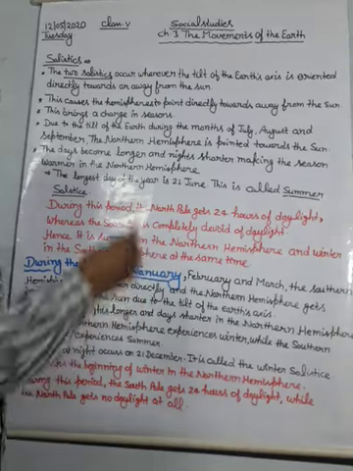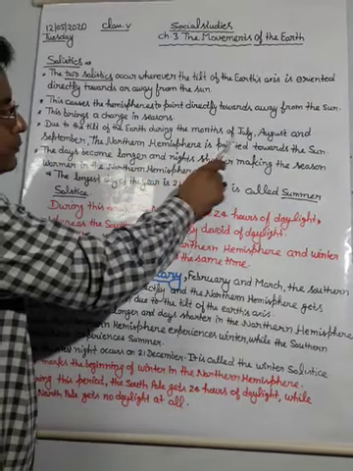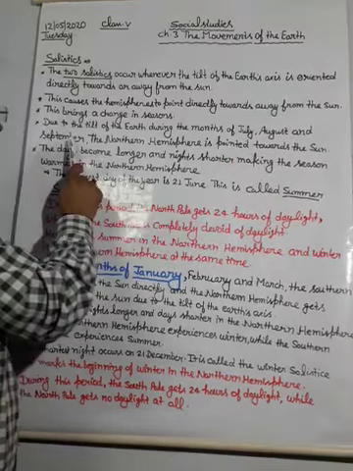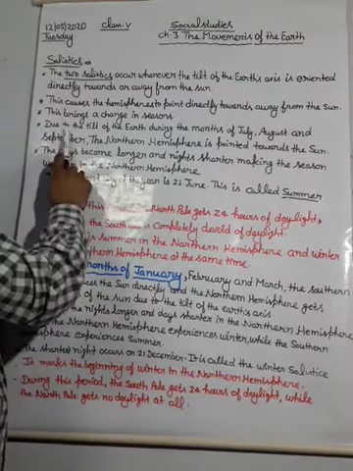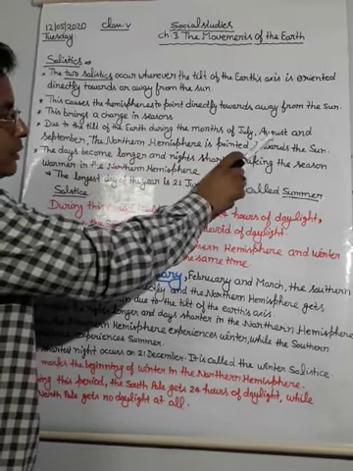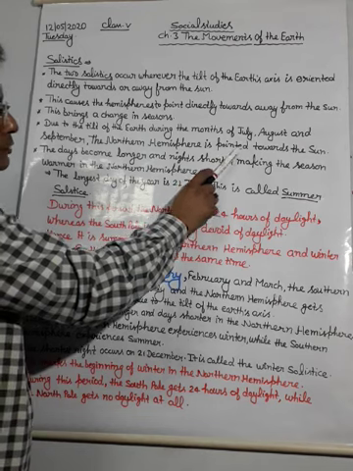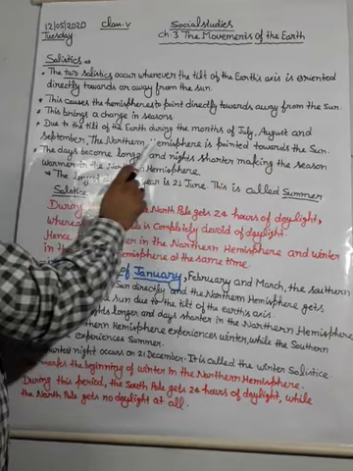So due to the tilt of the earth during the months of July, August and September, the northern hemisphere is pointed towards the sun. Yes, student?